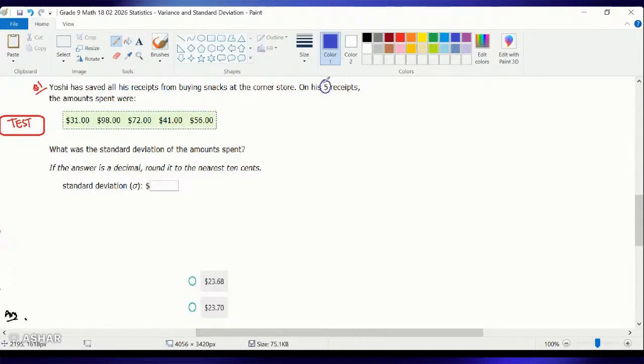There were 5 receipts. I'll also do the working, but I'll try to stay quiet while doing this question, so that you can also do your working.